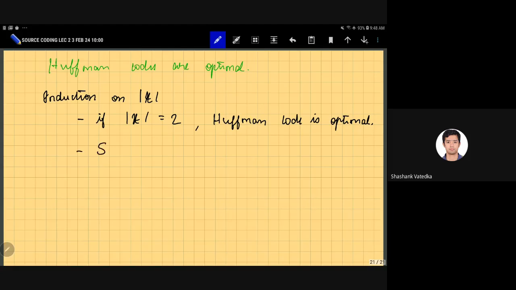Now, suppose that the statement is true for alphabet size equal to m minus 1. Among all possible distributions on m minus 1 symbols, the expected length of a Huffman code is equal to the minimum expected length over all possible codes.